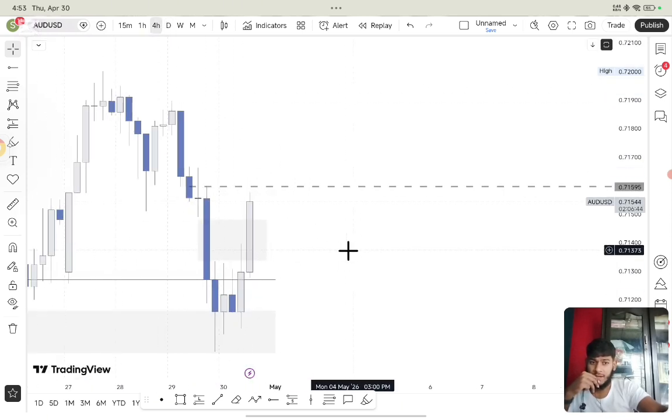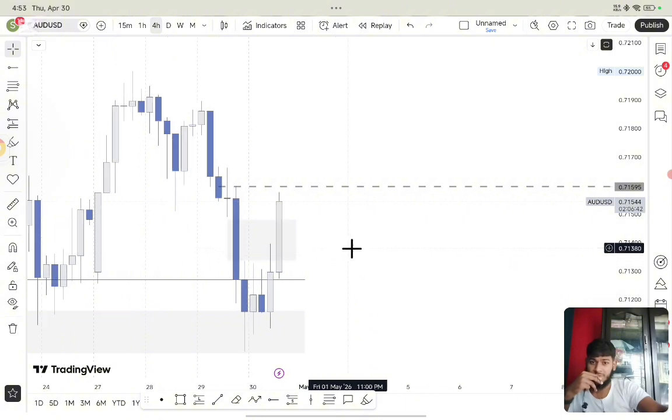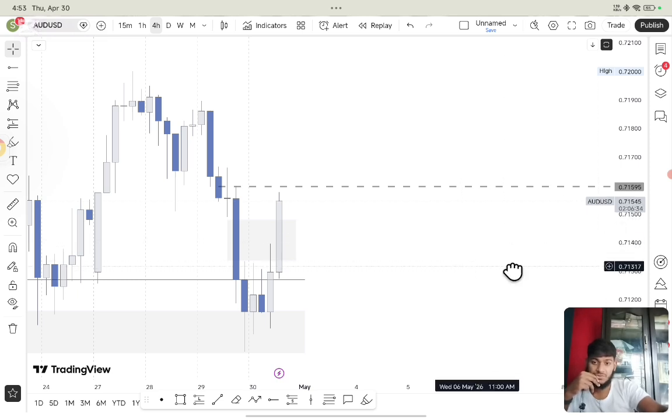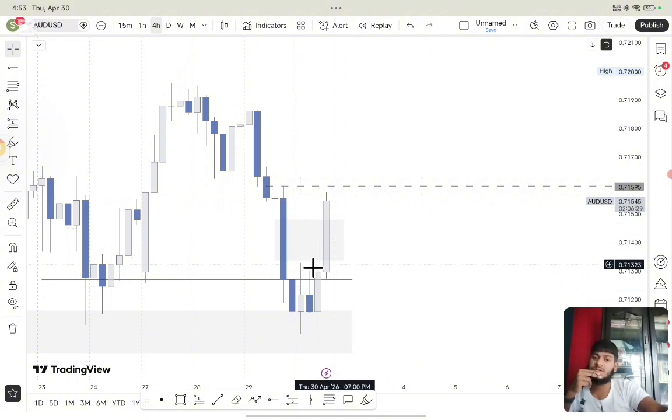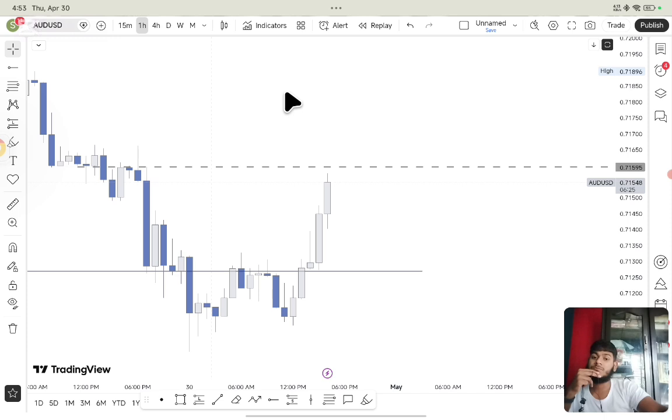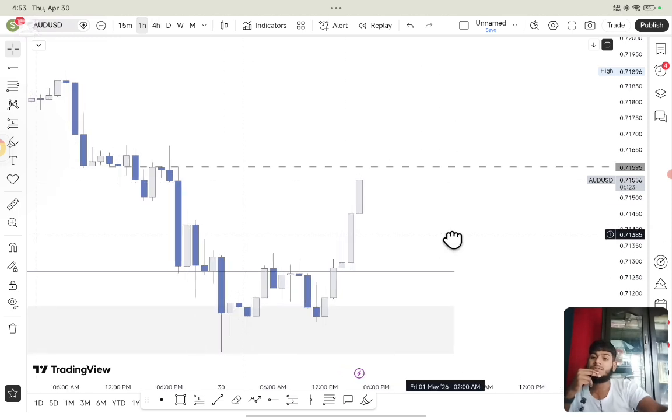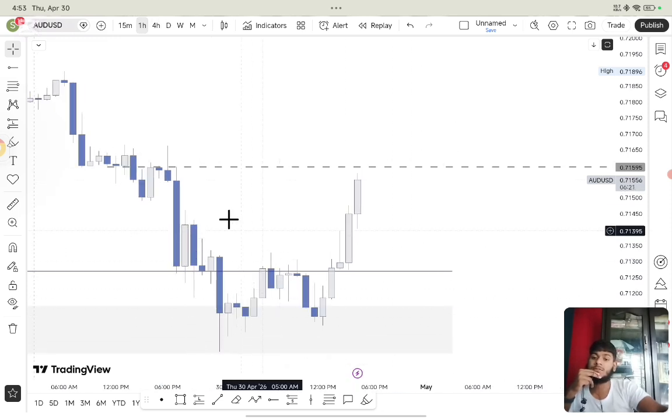H4 is reacting from that fair value gap. I might get some sort of a retracement as soon as price closes after 2 hours, maybe, not sure, but still there is a sign that bulls are stepping in. Then comes this H1. The whole H1 is just bullish, all I can say.